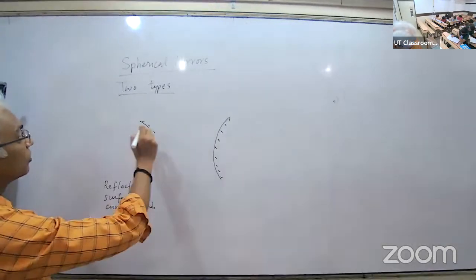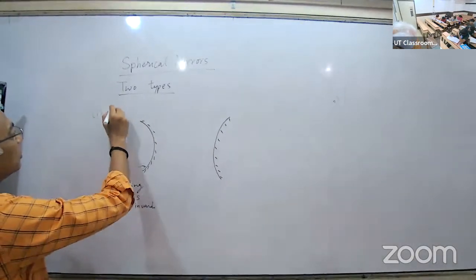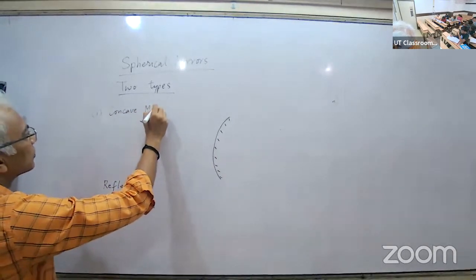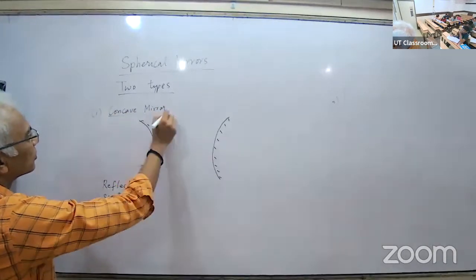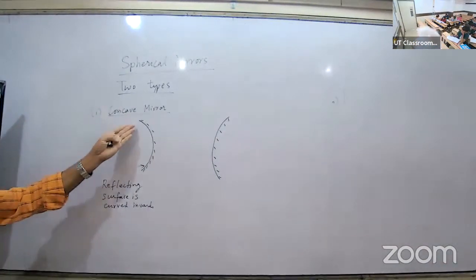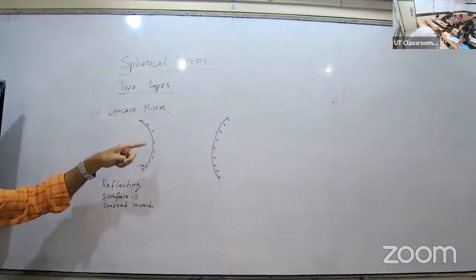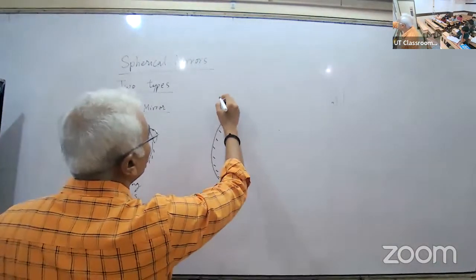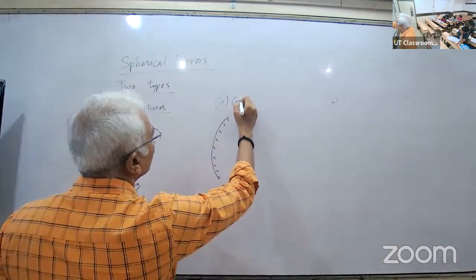Okay, so what is it called? Concave mirror. So in concave mirror, the reflecting surface is curved inwards, right? And this type of mirror is called convex mirror.